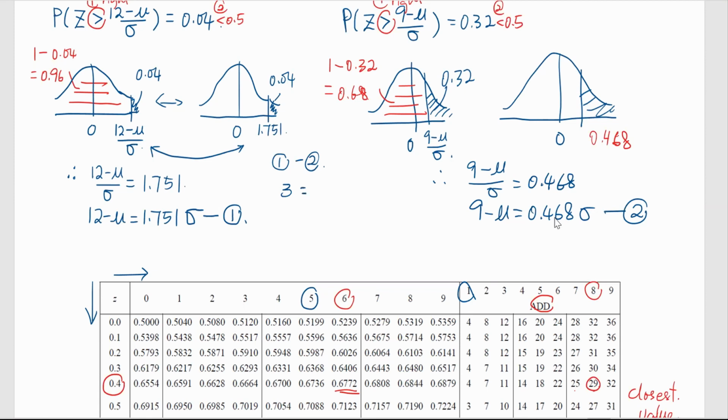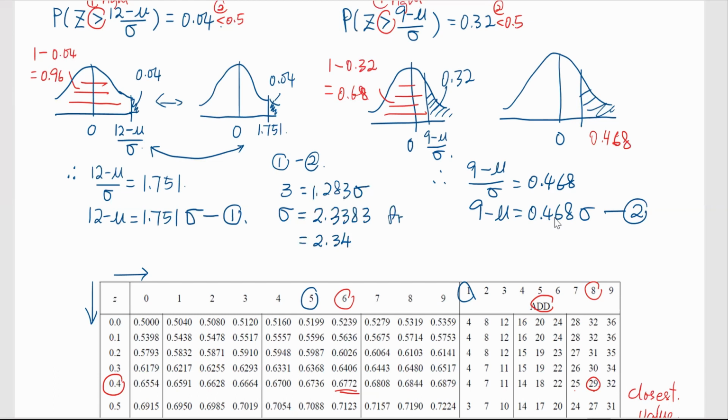Then 1.751 minus 0.468 gives 1.283 sigma. That is how we get the value of sigma. 3 divided by 1.283, I get 2.33826. So I'm taking 2.3383 and rounding off to 3 significant figures, 2.34.